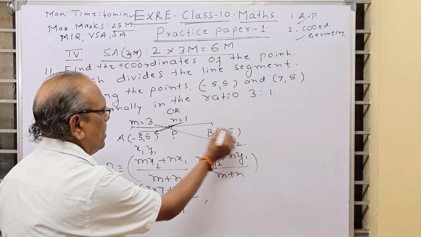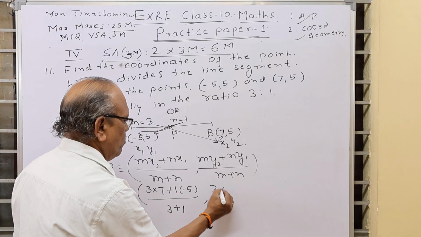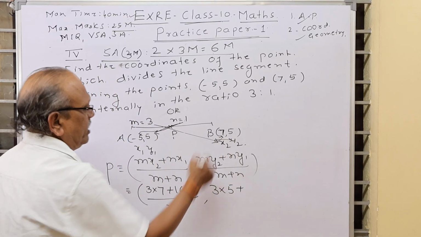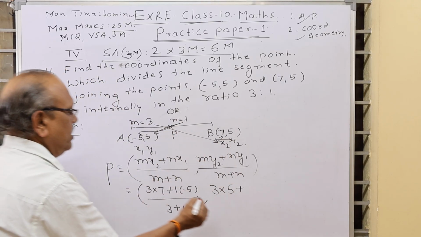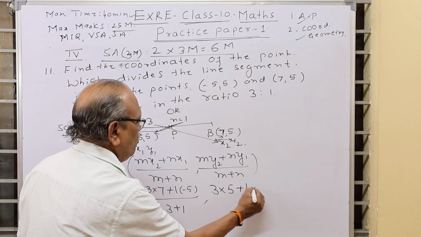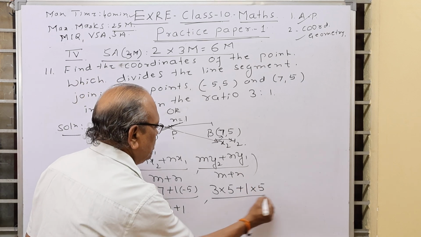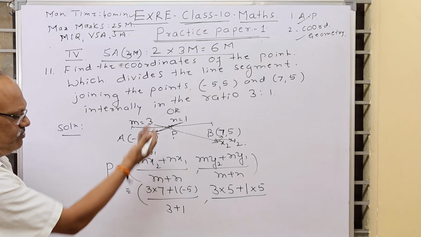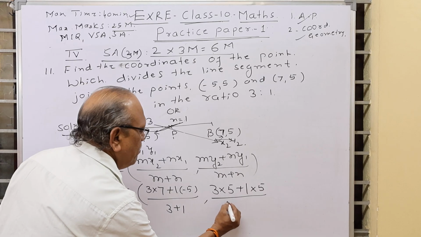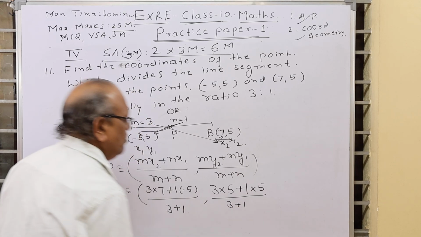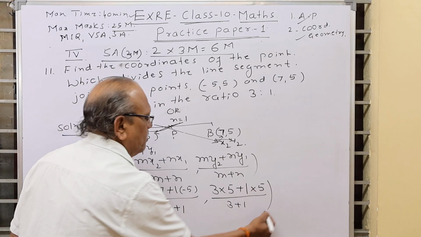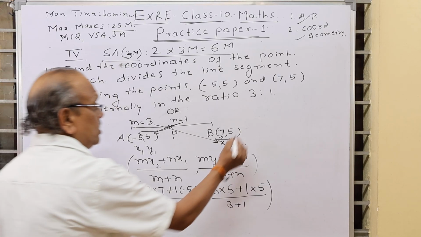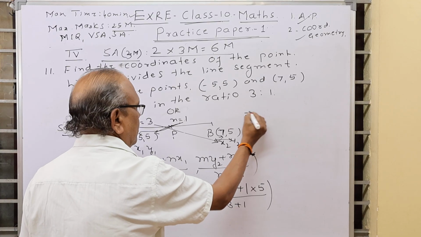For y, m y2 is 3 into 5, plus n y1 is 1 into 5, divided by 3 plus 1. Carefully observe, don't make mistakes in the exam. You can definitely score good marks here, it is just application of the section formula. Just simplify and your job is over. Very easy, but be very careful with the calculations.